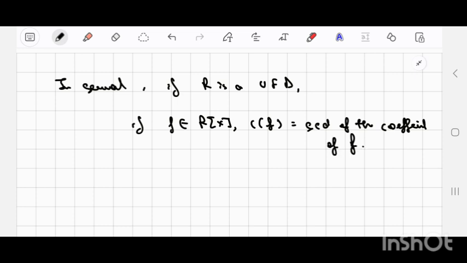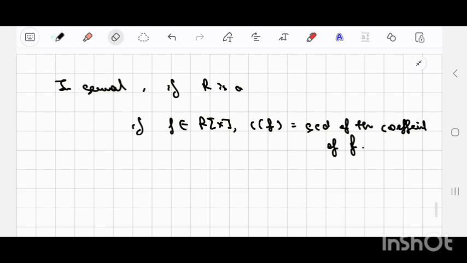Do not get confused by the way we talk about GCDs in terms of integers, because the more general definition of a GCD is the generator of the ideal generated by all of these coefficients. If you find it more confusing, just take R to be a PID, then it will be clearer. Is it clear?